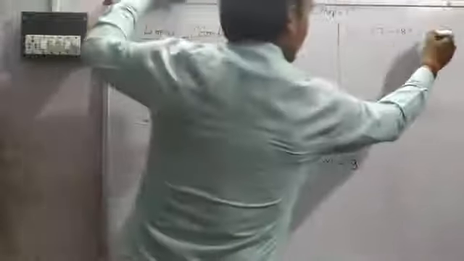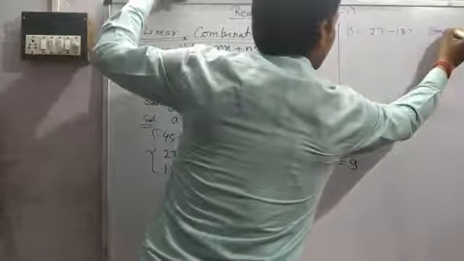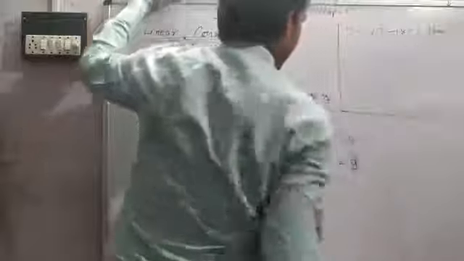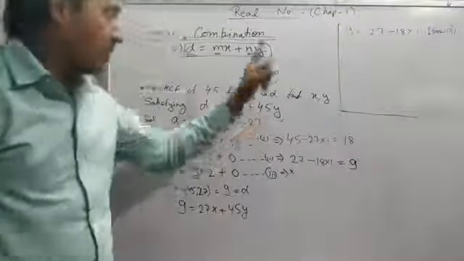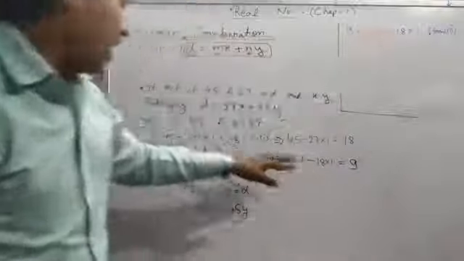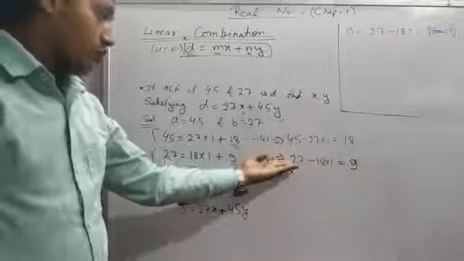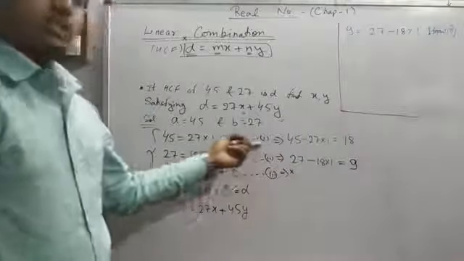But here we want only 27 and 45, but here 27 but not 45. So we replace the remainder from bottom to next step. Second equation we already use, then we use first step.